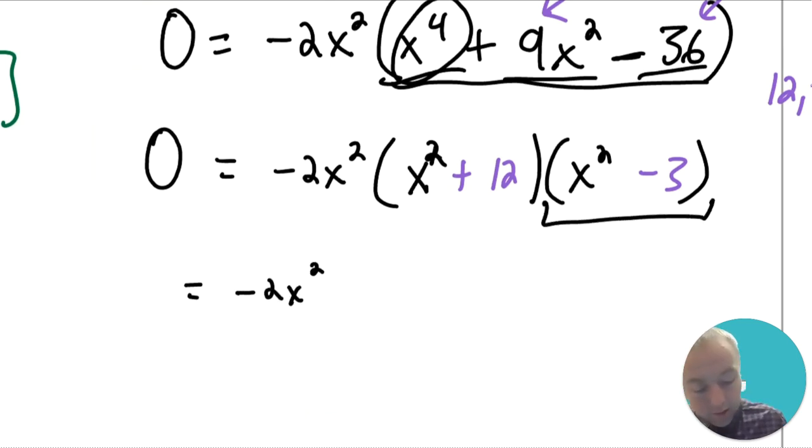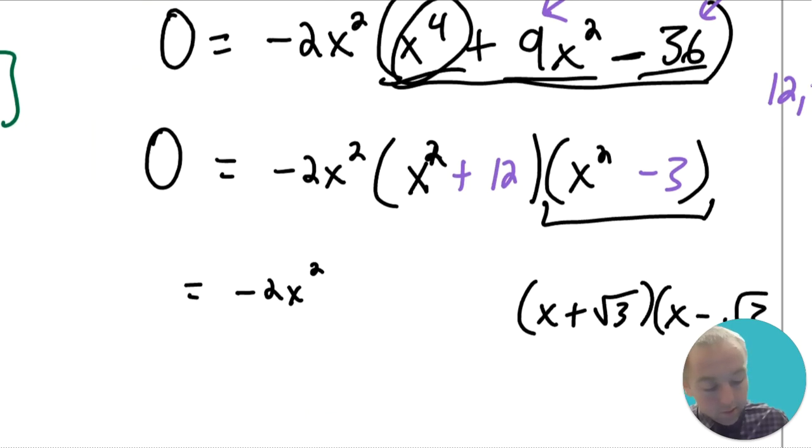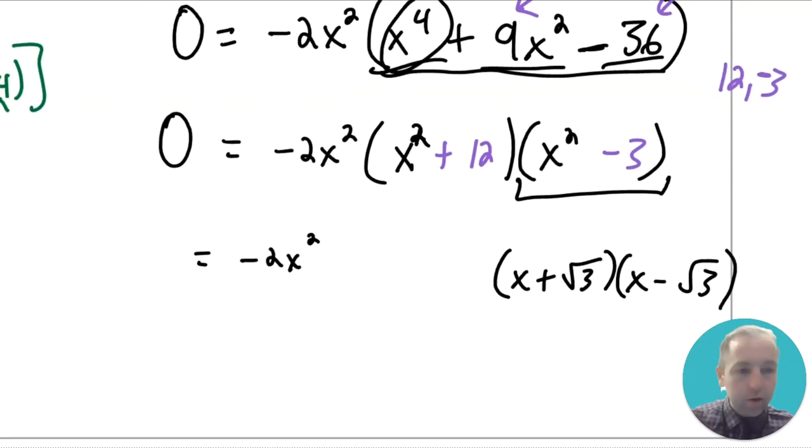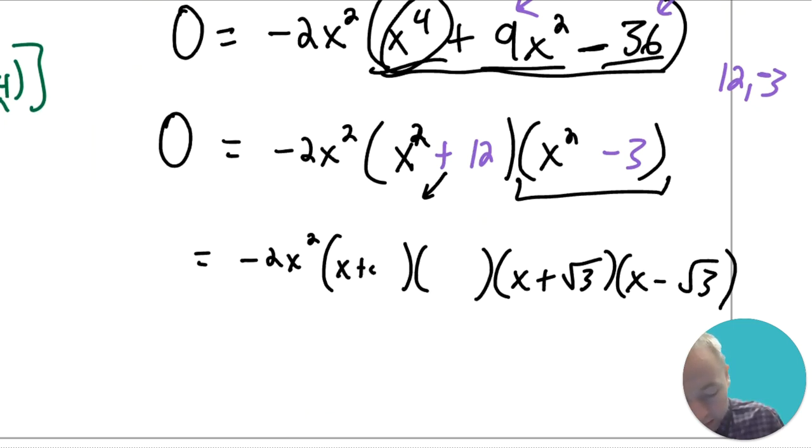So this right here is x squared minus 3, so you could actually factor that as x plus the square root of 3 times x minus the square root of 3, if you kind of force 3 to be square rooted like that, so that totally works. And then similarly, this is plus, so you would want to think about that as x plus i square root of 12, and then x minus i square root of 12.